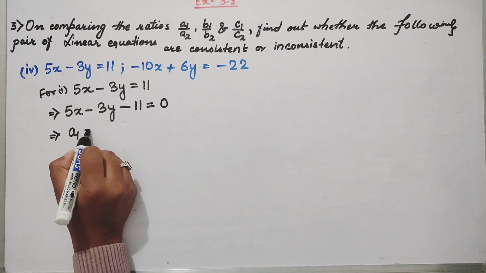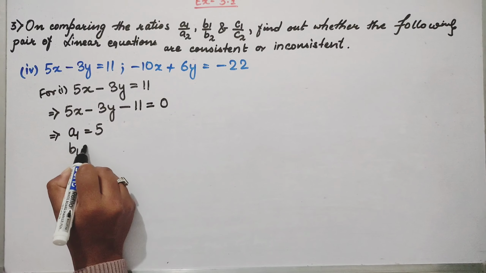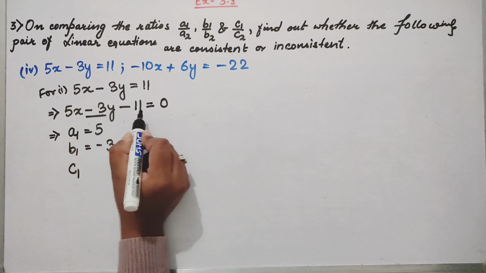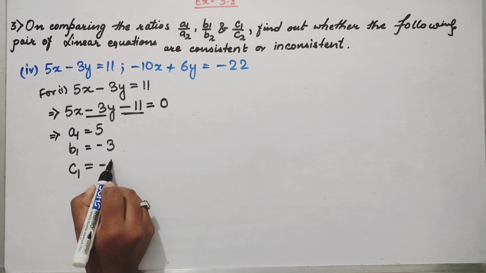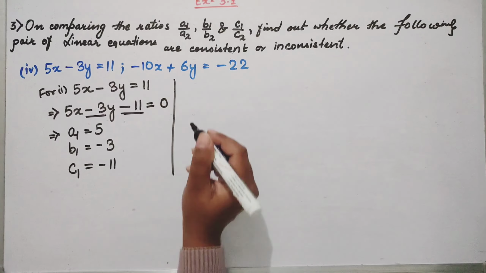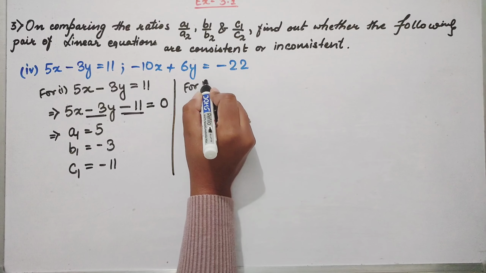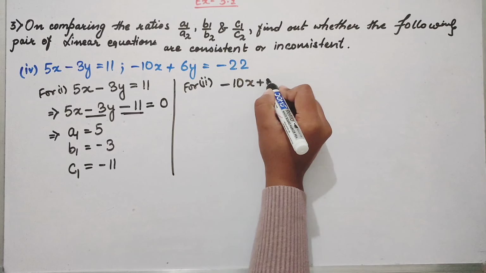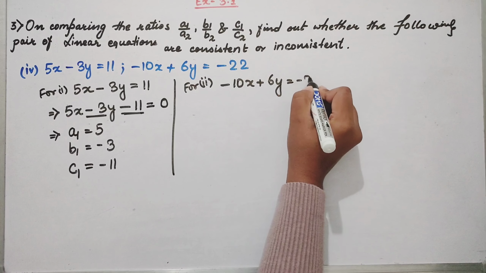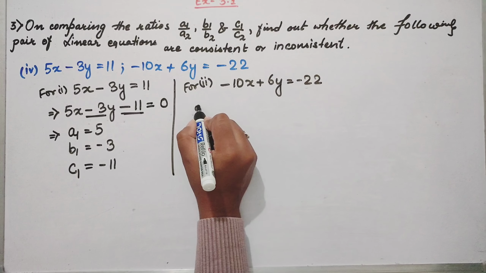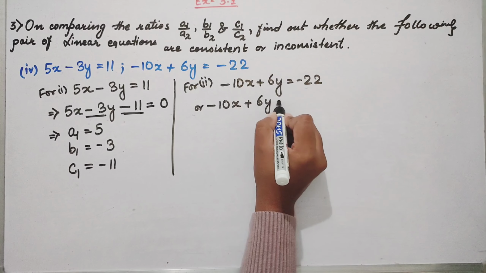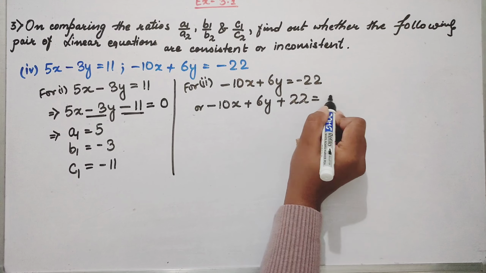Here we can see a1 equals 5, b1 equals minus 3 and c1 is minus 11. For 2, the question is minus 10x plus 6y equals minus 22, or after rearranging it will be minus 10x plus 6y plus 22 equals 0.